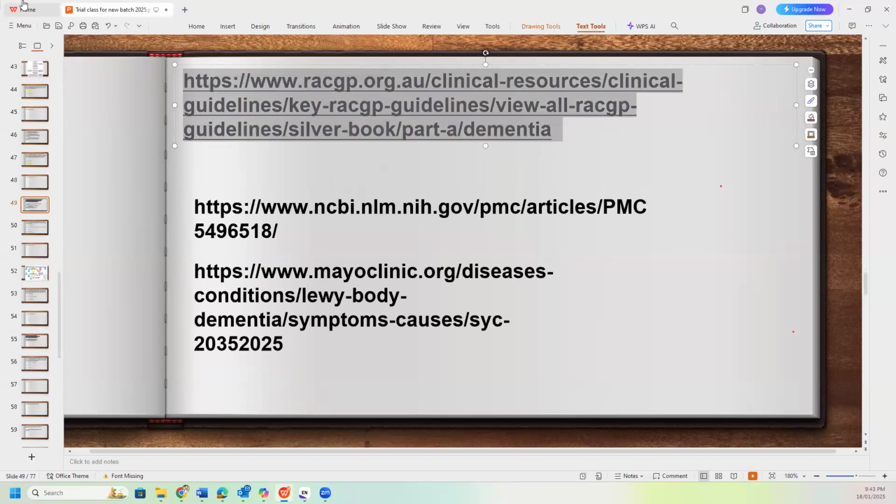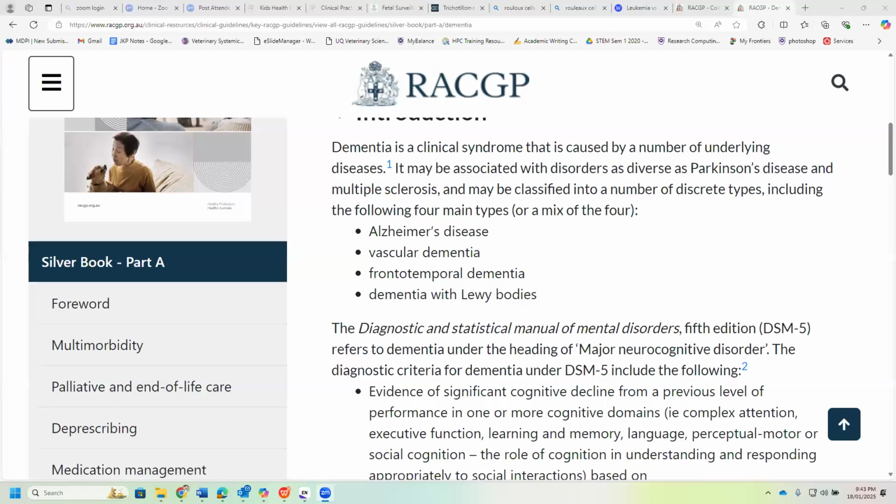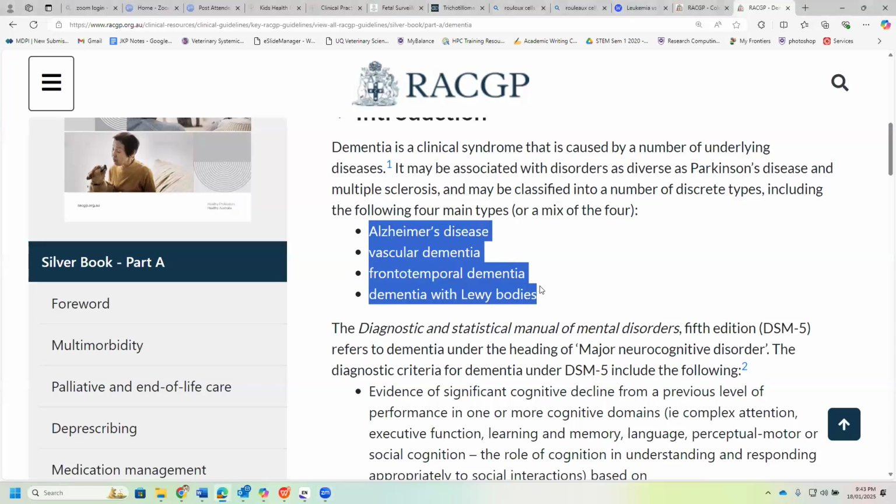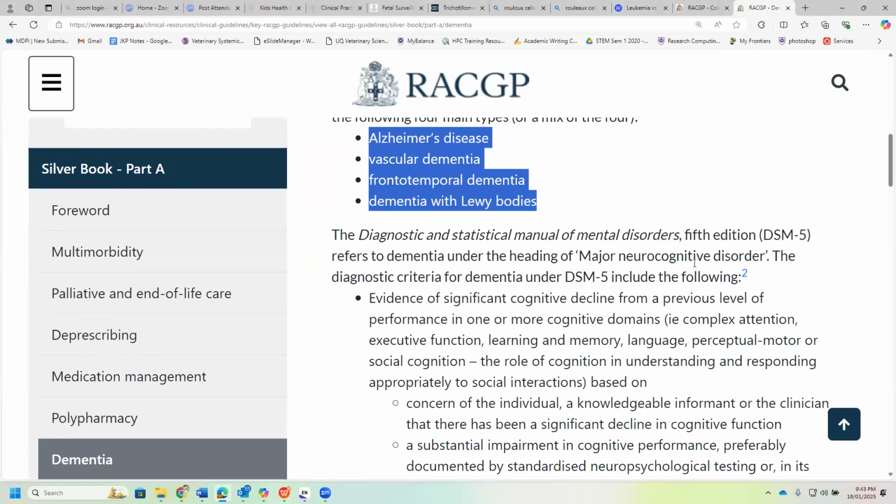You can study from JM about that, and there is also a very good explanation given in RSEGP as well, which is the Royal College of Physicians and Surgeons, Royal College of General Practitioners. So if you have a look over here, these are your different types of dementia: Alzheimer, vascular, frontotemporal, and Lewy body.